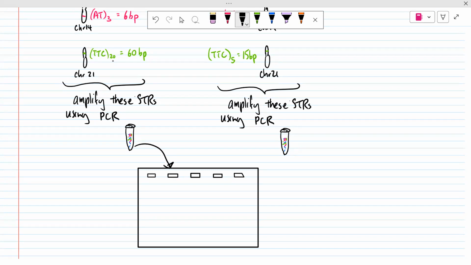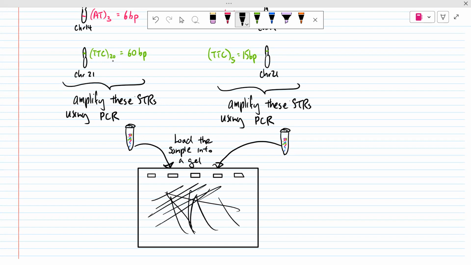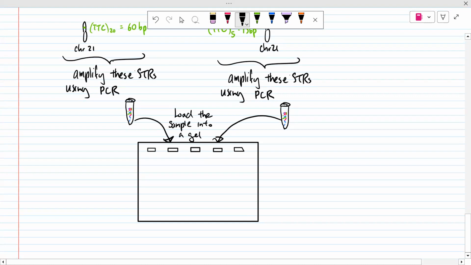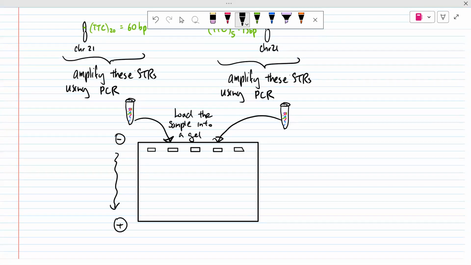We can just pick a lane and then load the sample into a gel. Remember, the gel is like this mishmash, right? You can't see it. It's really smooth to our naked eye, but microscopically it has all those mishmash, right? Negative terminal here, positive terminal here. We're gonna run the current.